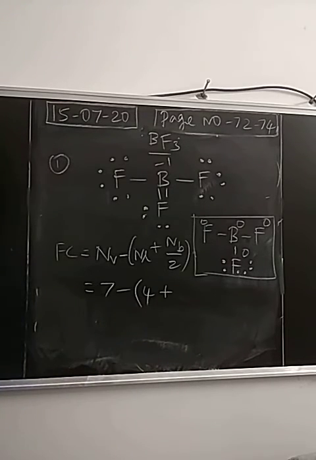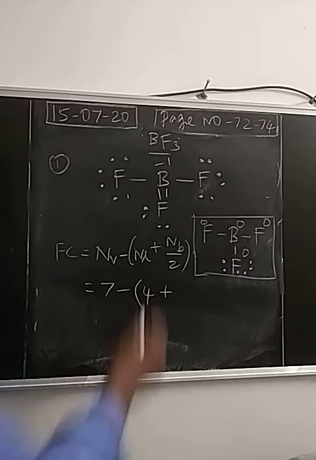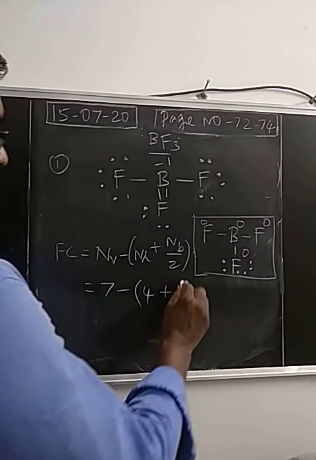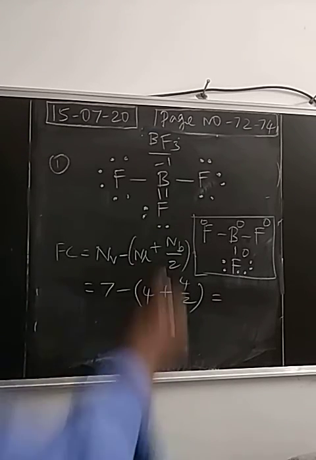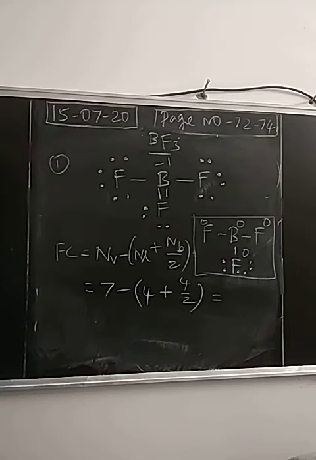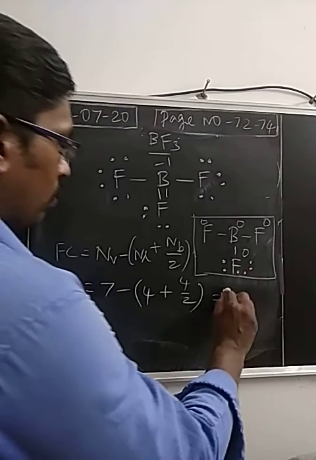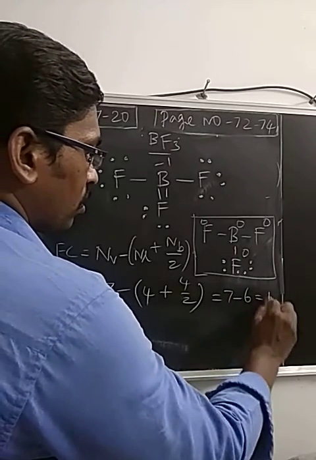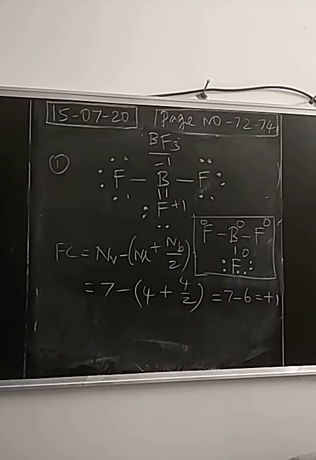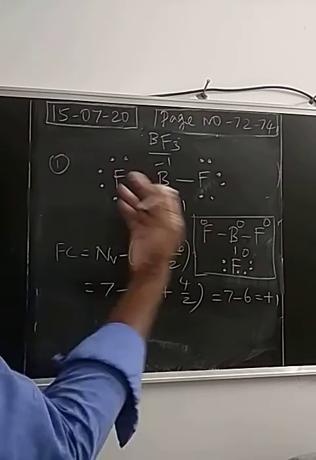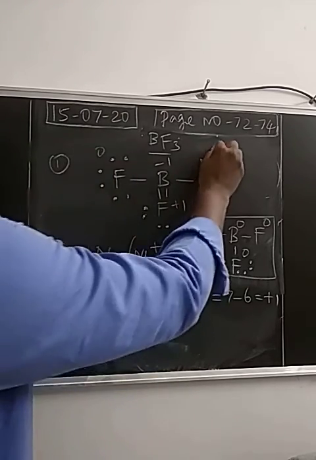Then Nb represents the number of electrons present as bonded pair. So 4 electrons are present as bonded pair, 2 covalent bonds. So 7 minus 6, 1. What is the formal charge on this doubly bonded fluorine atom? Plus 1. The other fluorines we already calculated, the same: 0, 0.